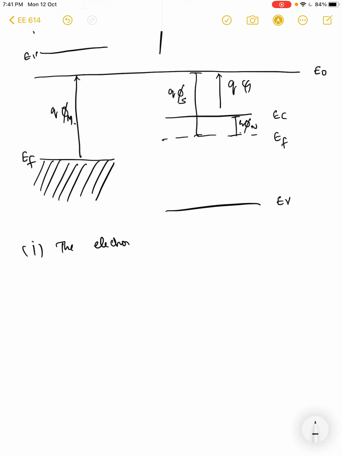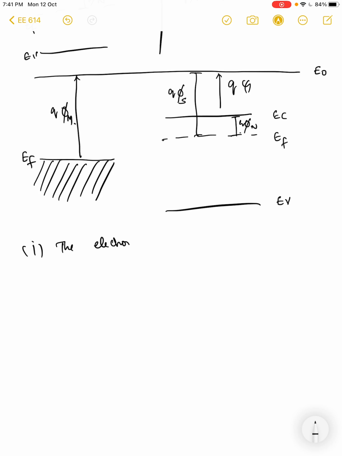If I make an interface like this, obviously you have electrons moving from the semiconductor to the metal, right? So basically an electron here would like to jump from here to here. Why? Because the metal obviously has lower energy, and you have a lot of vacant states in the vicinity of the Fermi level in the metal, and you have occupancy in the semiconductor at higher energy levels.